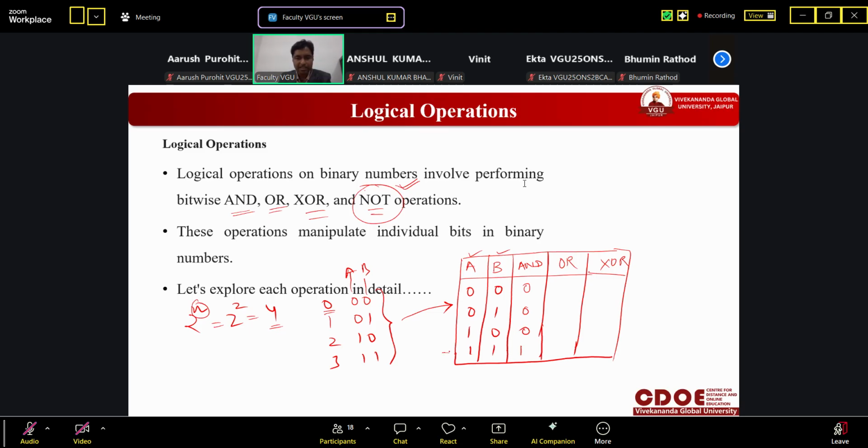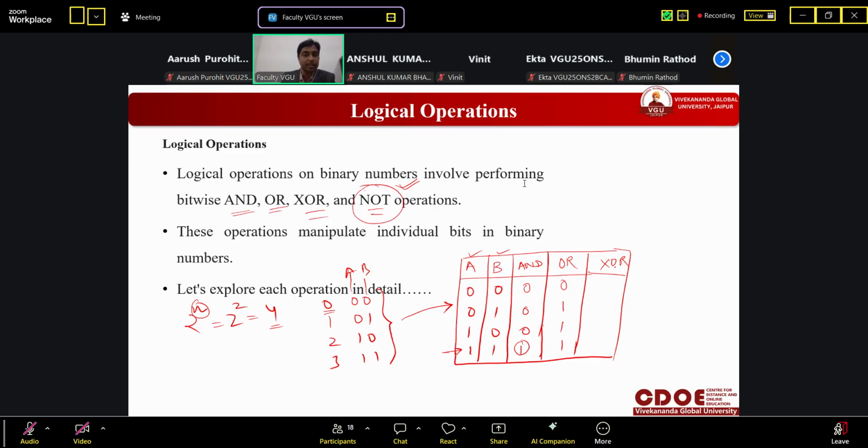Only the last case has 1 1, so the output is 1 in this case. And in the OR gate, if any one bit or both bits are 1, then the output is 1. So in these three cases, either one bit or both bits are 1, so all these three are 1, and the first one has both 0 bits, so it is only 0.